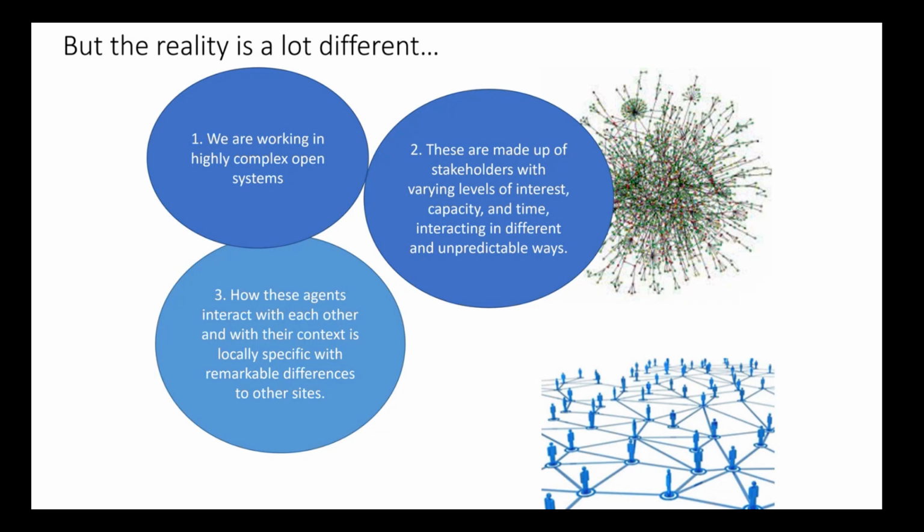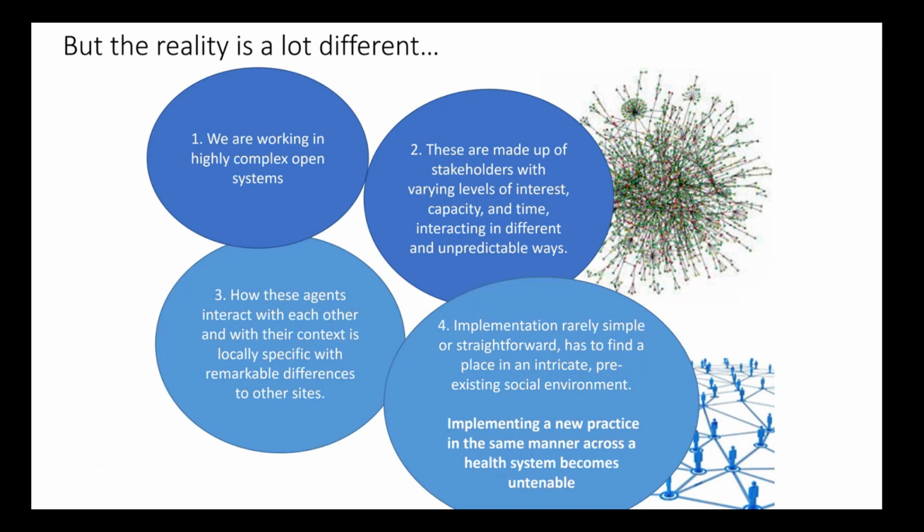Even if you've analyzed the context in one place and found that leadership engagement was an issue, the idea that you can apply the same leadership strategy to the next site is not necessarily true. It's probably not going to work because every context is so different. So implementation is not simple or straightforward, and it has to find a place in an intricate pre-existing social environment. Implementing a new practice in the same manner across a health system becomes untenable.